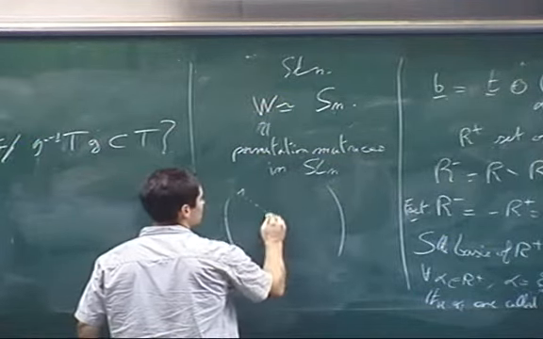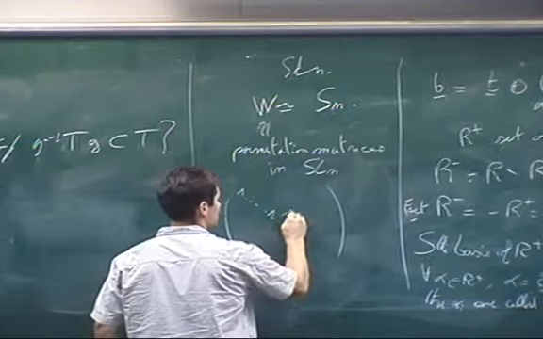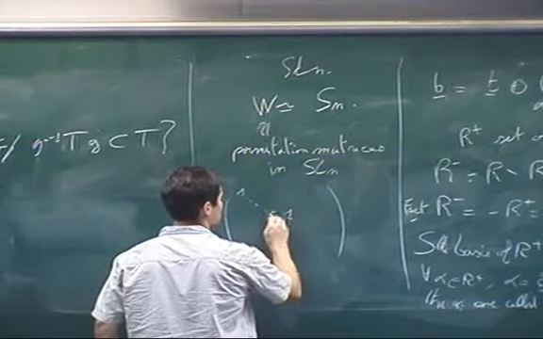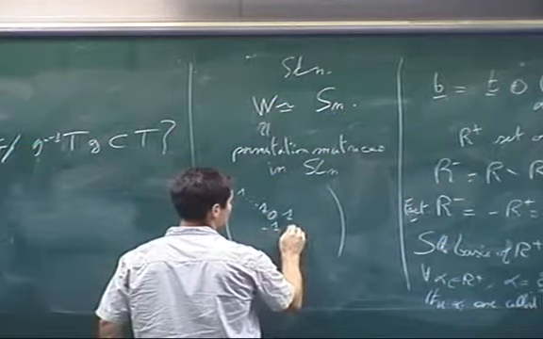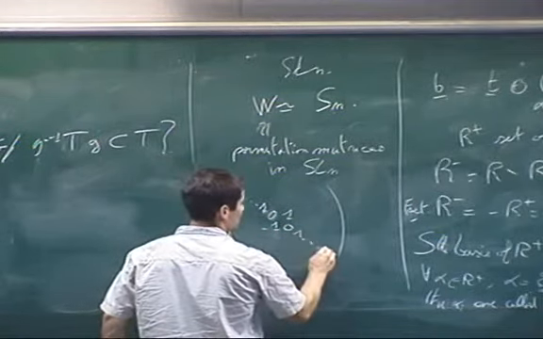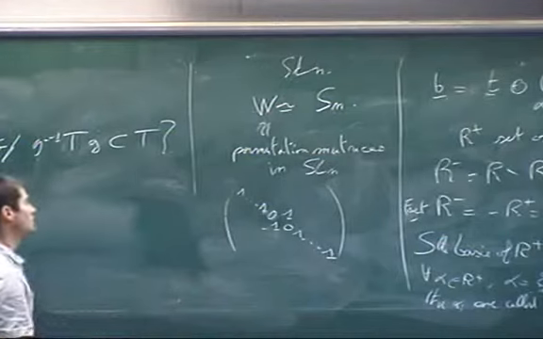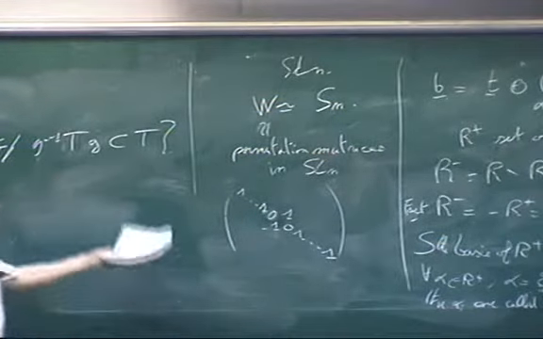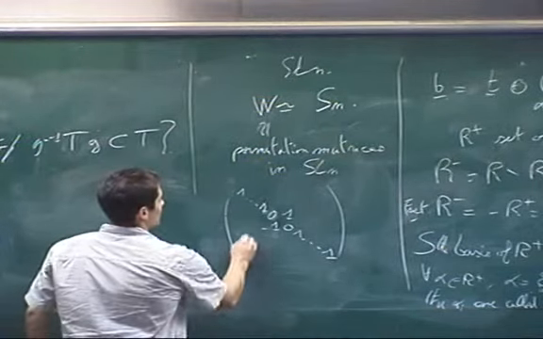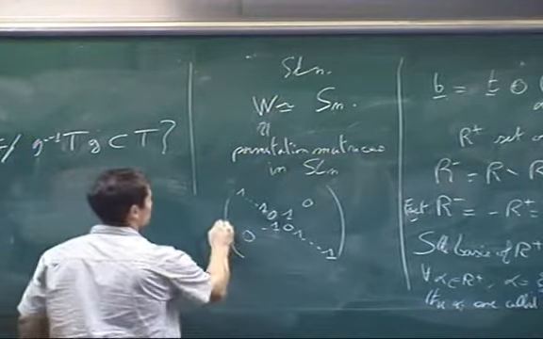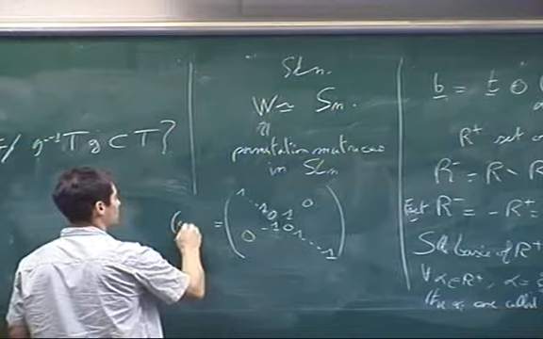So for example, I can look at this particular permutation matrix. I put here −1 because I want the determinant to be 1. So this is the transposition (i, i+1).